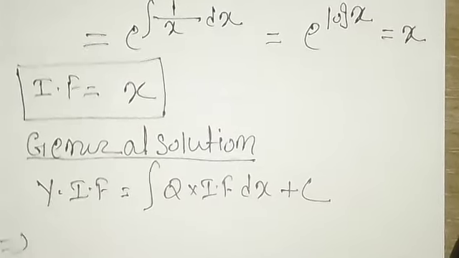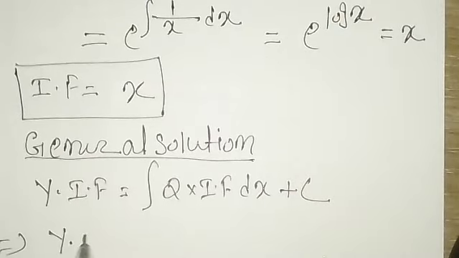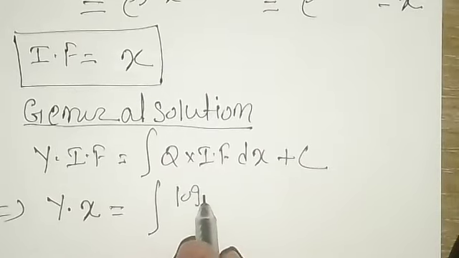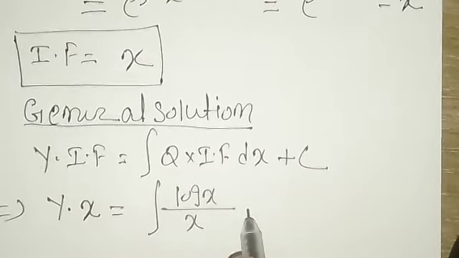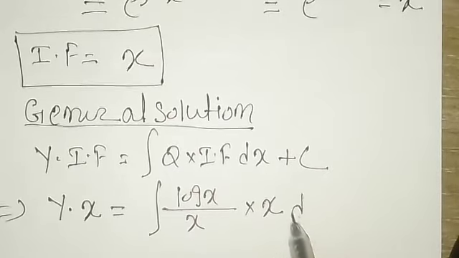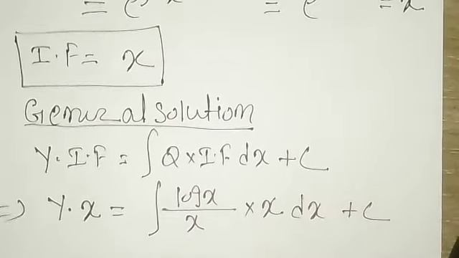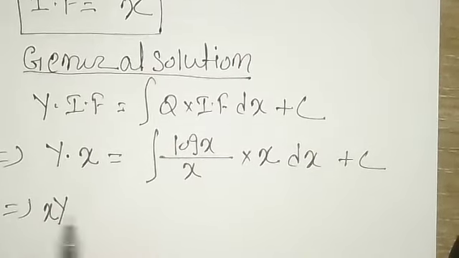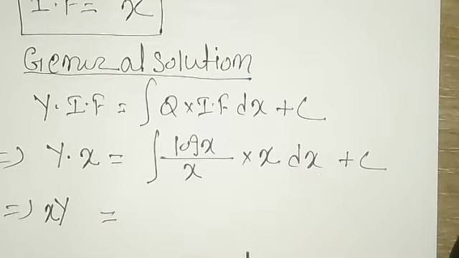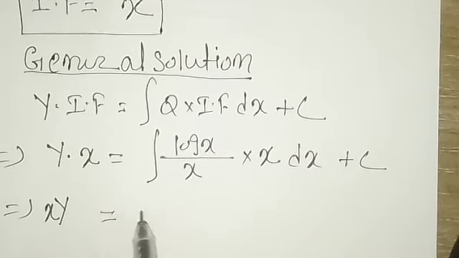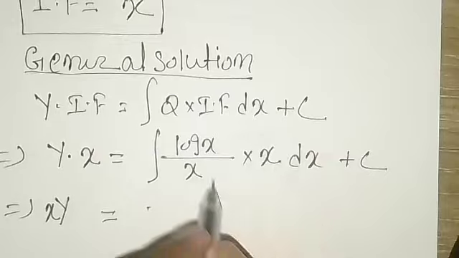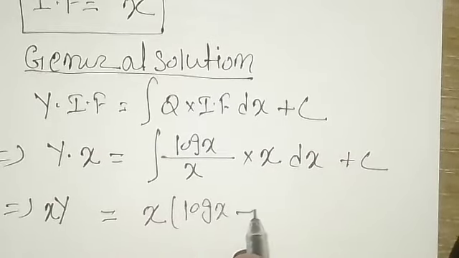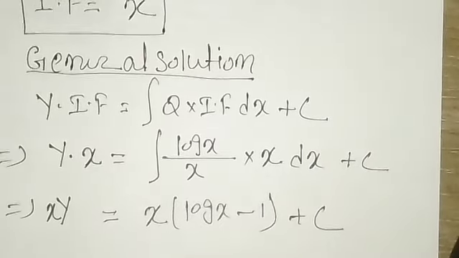Here y is y only and the integrating factor we got is x. q is equal to log x / x, and the integrating factor is x, dx plus c. On simplification this becomes xy equal to x(log x - 1) plus c.